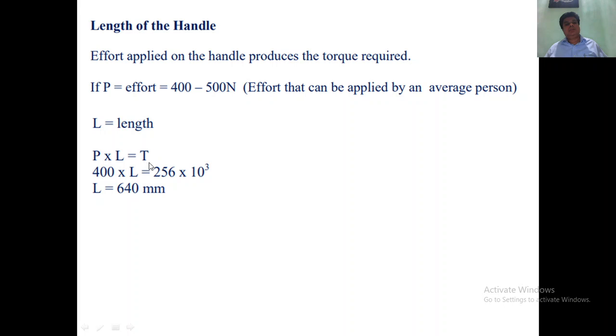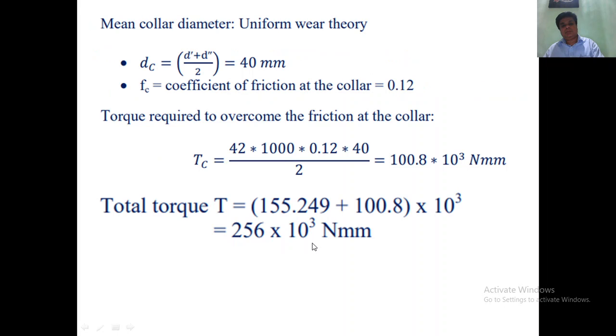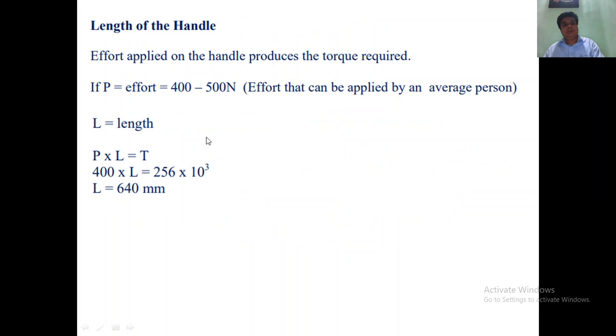The torque is nothing but the total torque; just now we found the total torque required is 256 kilonewton millimeter. We are applying that here, and the average load of a person is 400 Newton. So you can calculate the length of the bar. The length of the handle bar will be 640 millimeter.